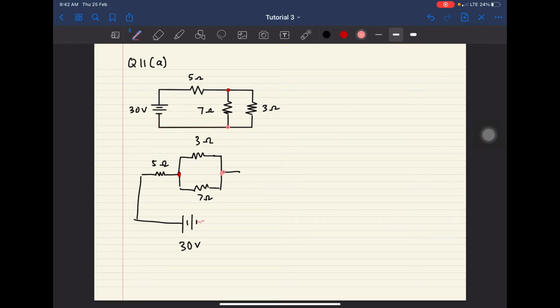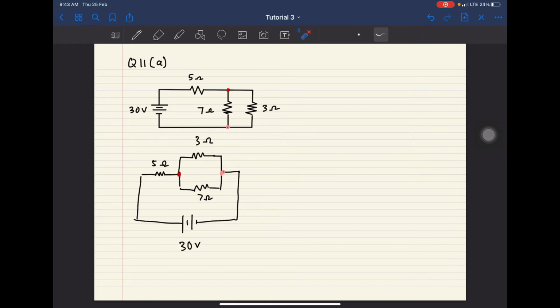So I can redraw that to look something like this. Now you can see clearly that the 3 and 7 are in parallel, while the 5 is in series with them. The first thing you do is solve this parallel part first. Once you do that, you just have 2 resistors in series. That one is simple, easy.